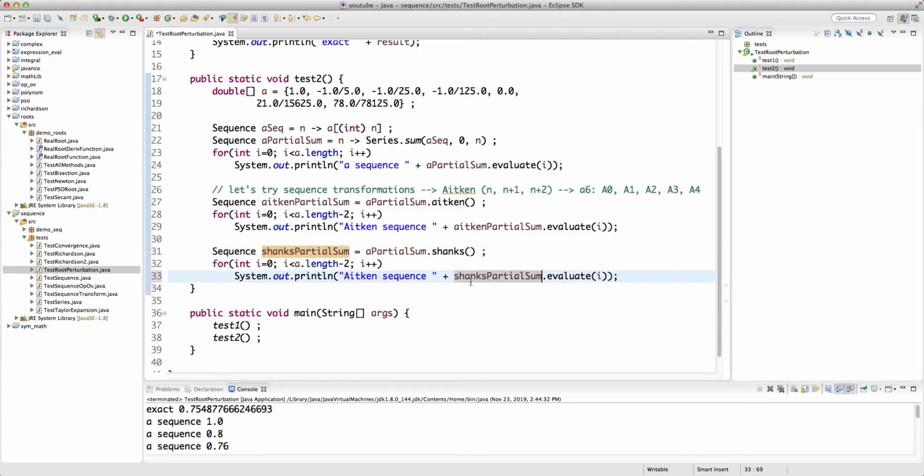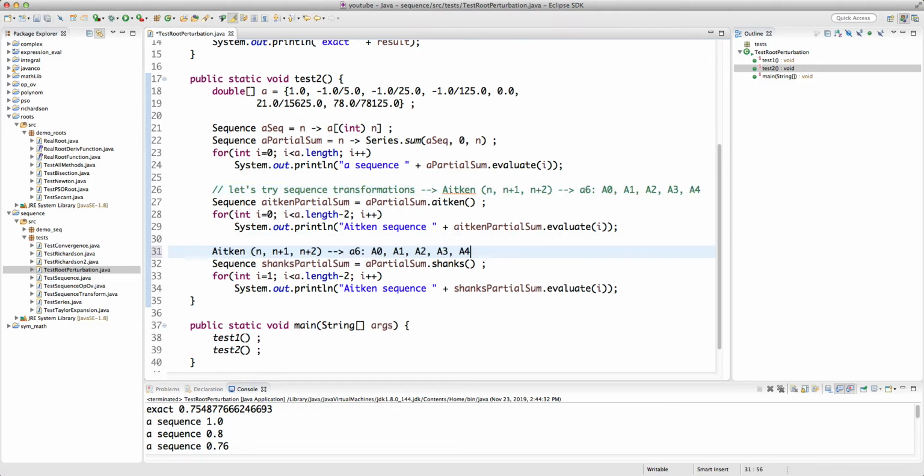But remember, for Shanks we have to start from 1 because at n it uses... so let's write the comment here. For Shanks, it uses n minus 1, n, and n plus 1.